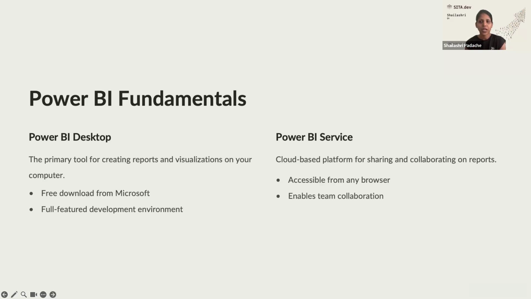So in short, Power BI Desktop is for creating and Power BI Service is for sharing and collaborating on the data with other teams. Understanding this will help you decide where to start your work and how to share your results effectively.